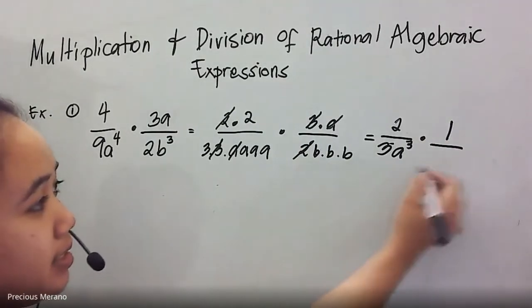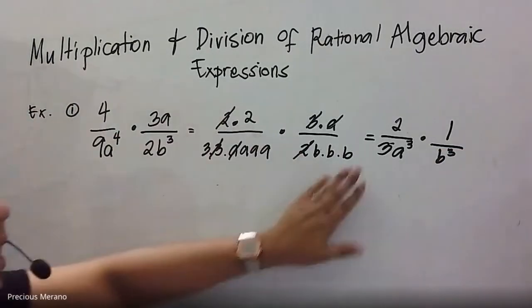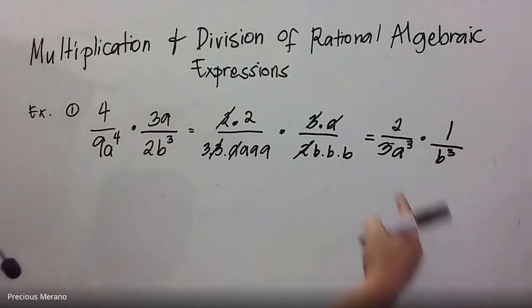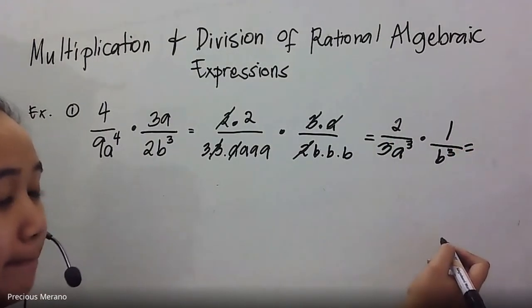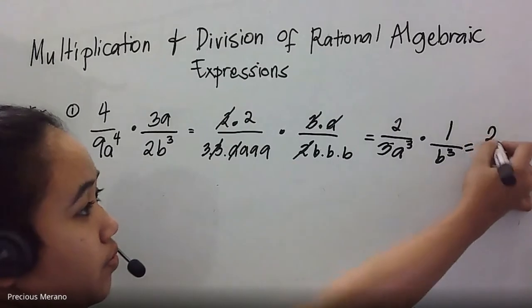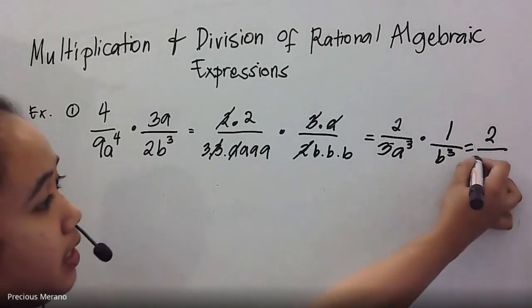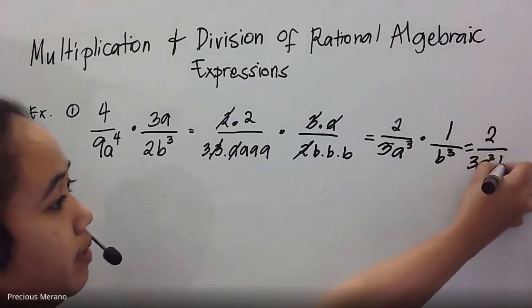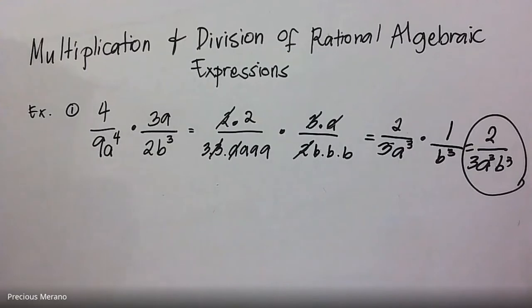And then, tatlong b, which is b cube. So, we can multiply the numbers now. We have 2 times 1 is 2 over 3a cube times b cube is 3a cube b cube. And that is the final answer for this example.